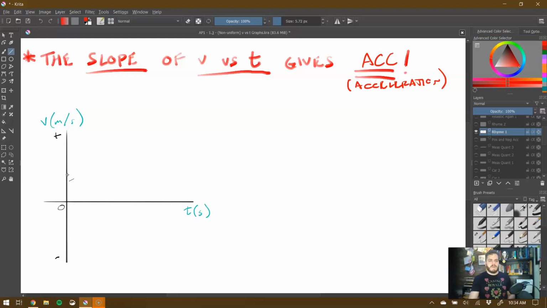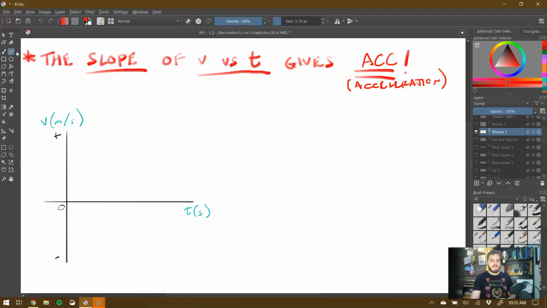So if I have a steep slope and a shallow slope, this acceleration must be bigger than this acceleration because this slope is bigger than that one. If I have a positive slope, that means I have a positive acceleration. If I have a negative slope, I have a negative acceleration. And if I have no slope, it's pretty much perfectly flat, I have no acceleration, and therefore this is at constant velocity. It's not speeding up or slowing down.